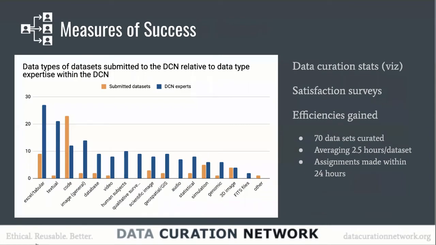So, as I mentioned, we really went live, we turned everything on January 1st of this year. So far, 70 data sets have gone through the network. And you'll notice just in this mapping where the orange is the submitted data set and the blue is the expertise that we have in the network.